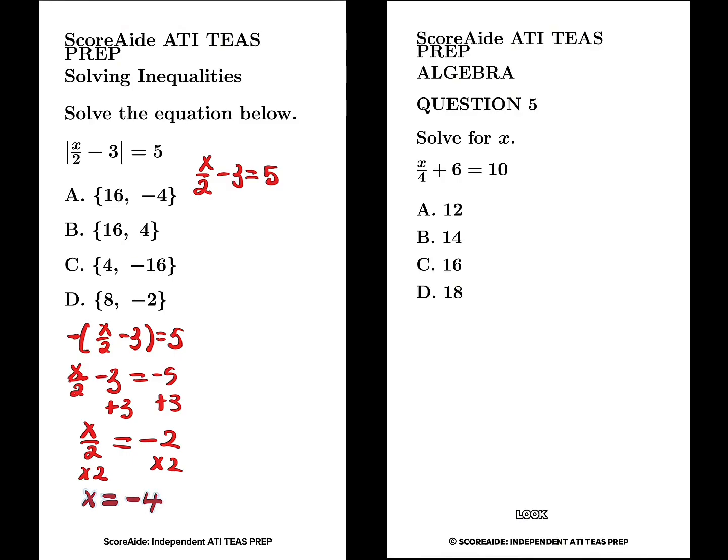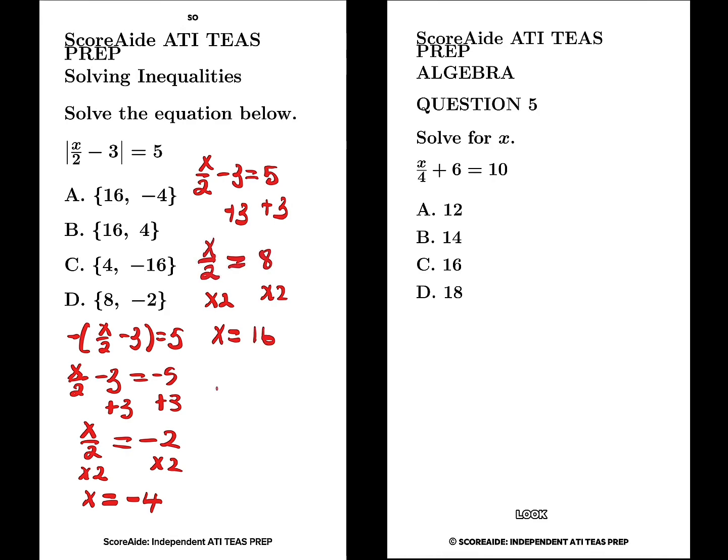Yeah, that's the first value of x. So in this other equation, we are going to add 3 to both sides of the equation, and we have x over 2 is equal to 8, right? Now we multiply both sides of the equation by 2, and we have x is equal to 16.